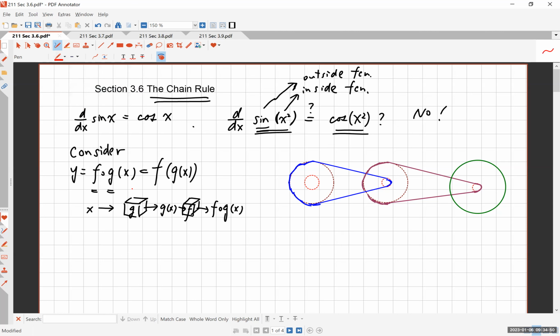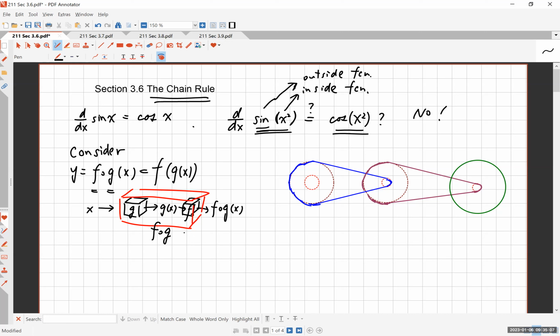And I have explained that if you get a bigger box and put these two boxes in there, that is the composition f of g. Again, you do g first, right? So that is what happens.